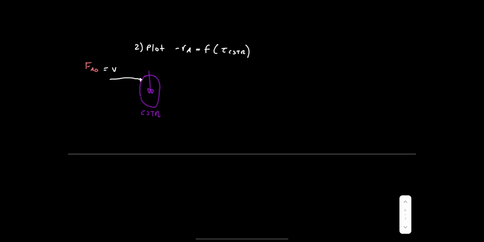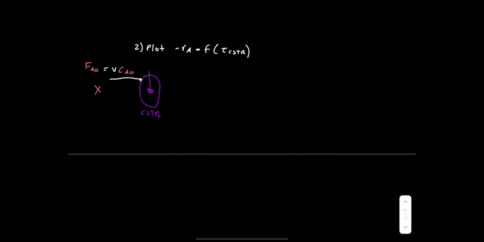In the next step, we'll plot another plot. So here we will plot the reaction rate of the species A, also as a function of the conversion, but the difference here is that we're going to take tau CSTR, which is the mean residence time, into consideration. So for a CSTR, where we would have flow rate at our inlet FA0, which is equal to the volumetric flow rate times the concentration at the inlet, CA0.